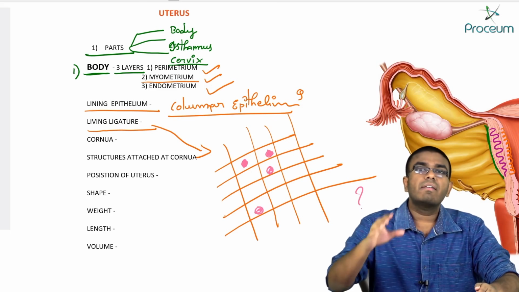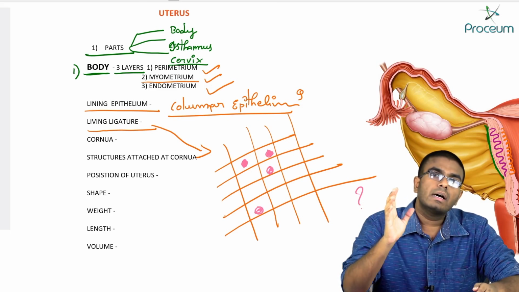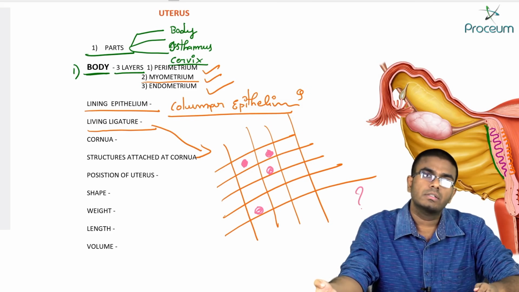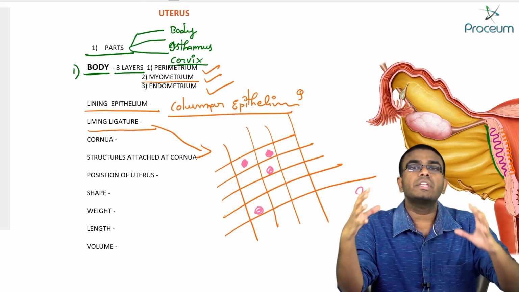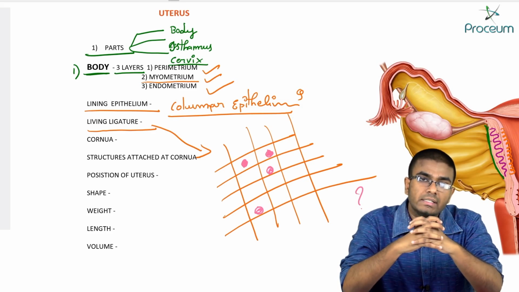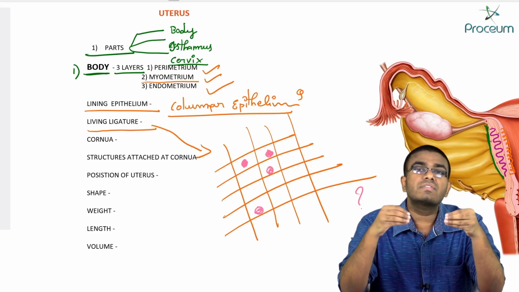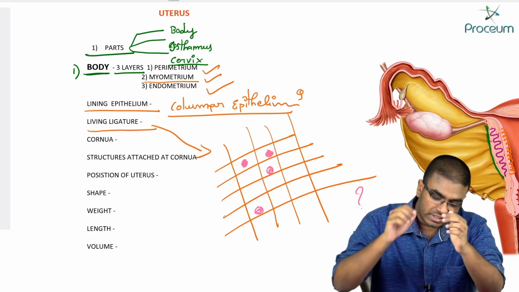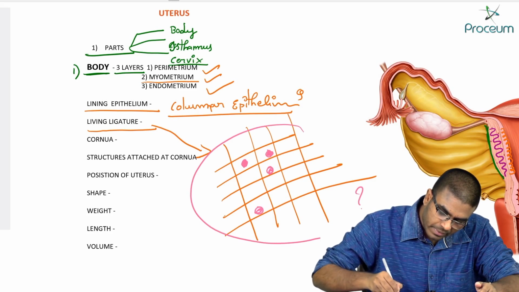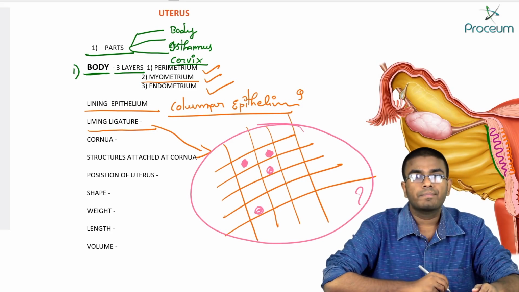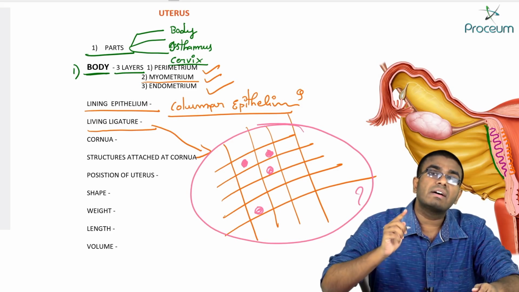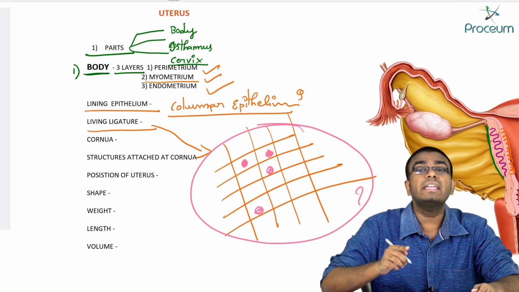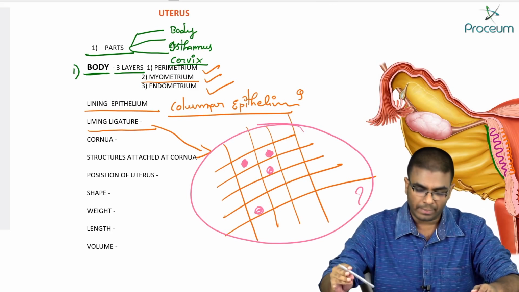Guys, remember, whenever there is delivery of the placenta, there is a lot of hemorrhage. After the delivery of the placenta, the uterus needs to contract so that the leaking blood vessels are clamped down. This middle crisscross muscle fiber layer is the one responsible for shutting down the leaking blood vessels after delivery of the placenta.